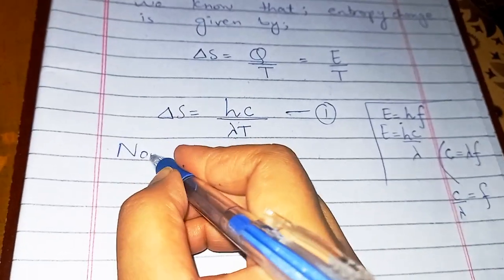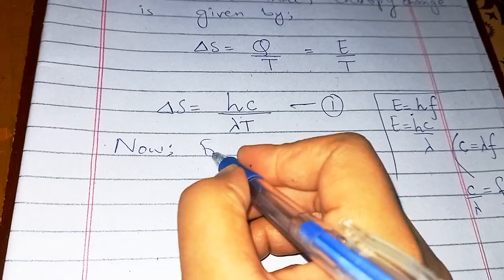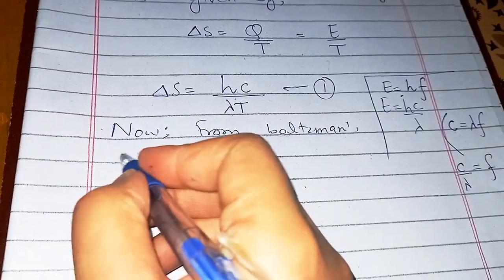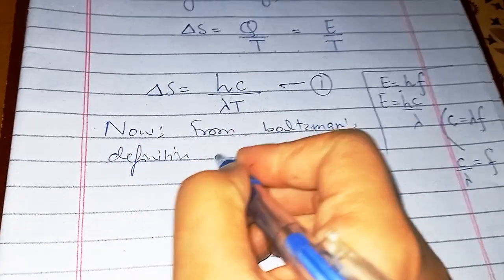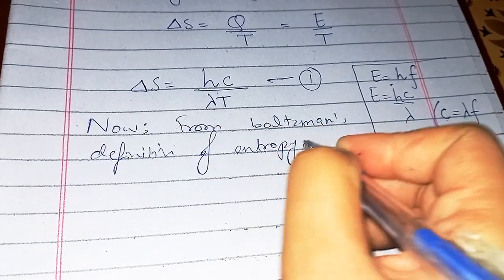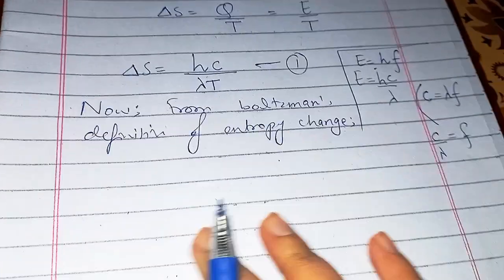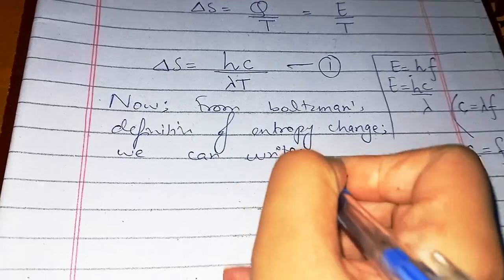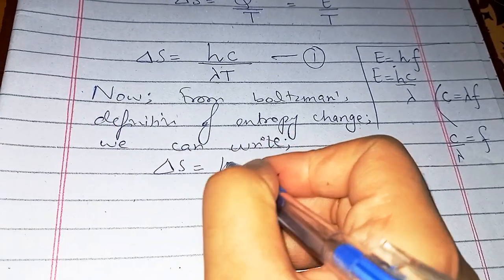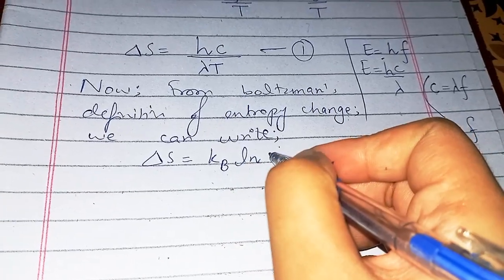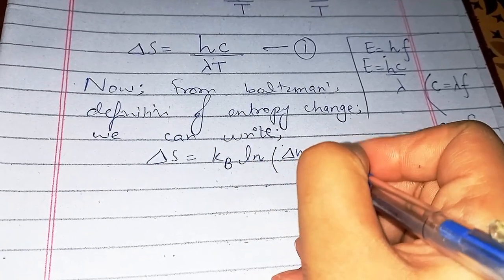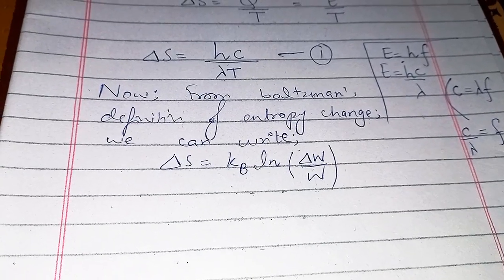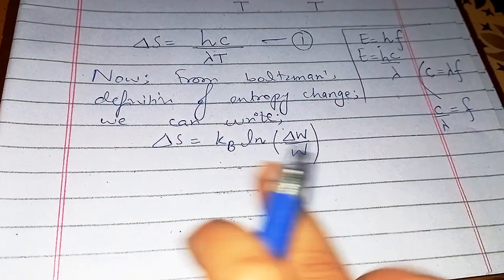Now from the Boltzmann hypothesis, from Boltzmann's definition of entropy change, we can write that delta S is equal to k_B natural log of delta W by W. That gives us the relative increase or decrease, whatever, in entropy.